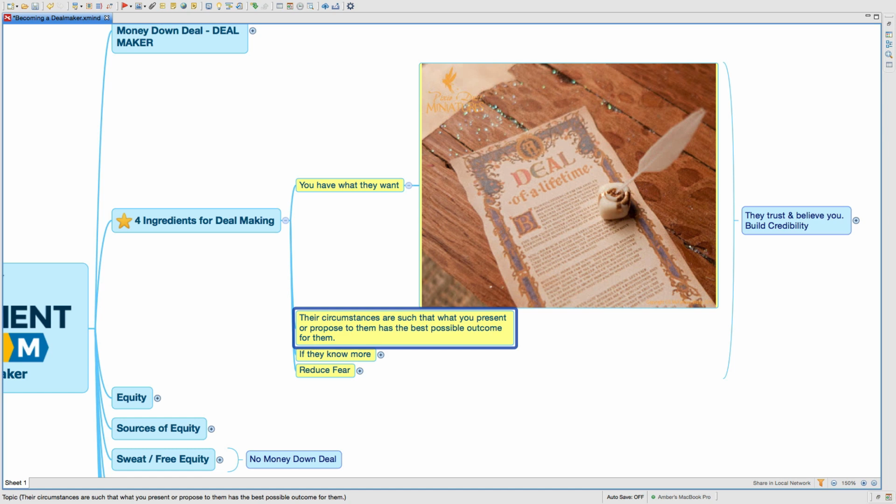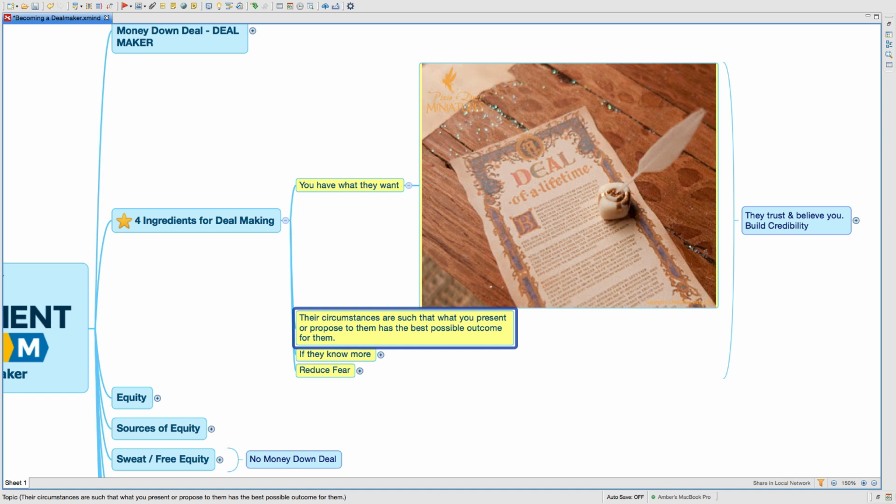If they put it in a bank, what do they get? 3%, 4%, 5%? What can they make on their money if they were to invest that money in your deal with you? So you got to contrast that situation. You also have to contrast the risk and reward situation so that they understand what's involved in it. So do not make any fake promises.